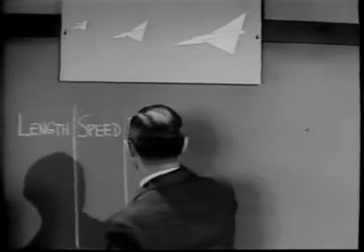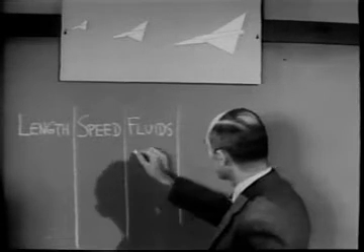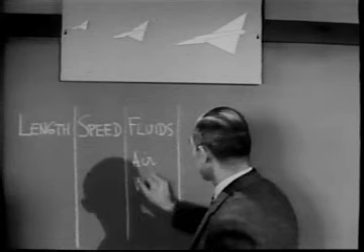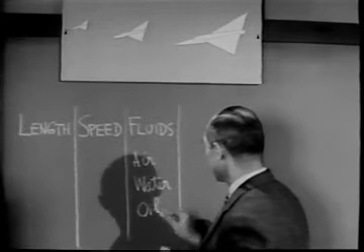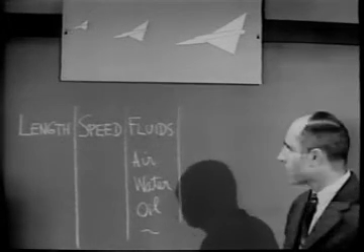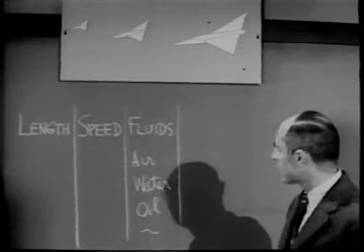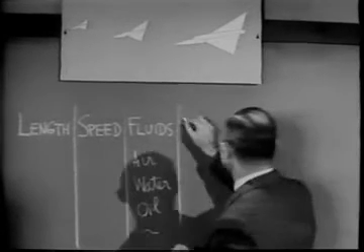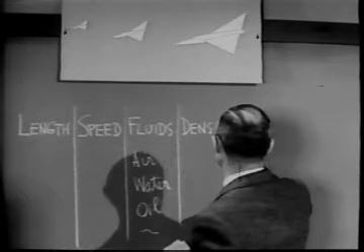We have seen that the important mechanical properties of the fluids are the density and the viscosity. Here are the values of these two properties for air and water at the temperature in this laboratory.